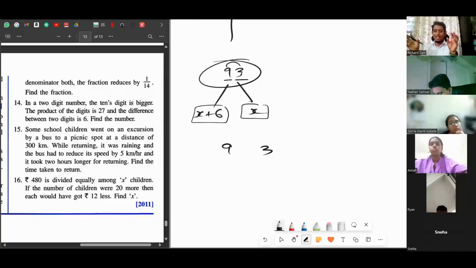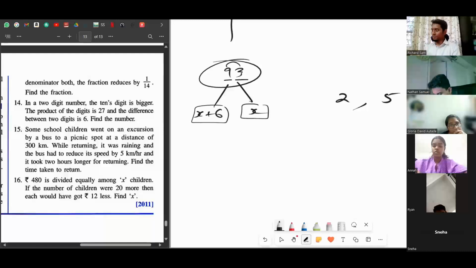What should you do with that 9 and 3 to make 93? Okay, let's not talk about 93. Let me give another example. Let's say 25. I want to make the number 25. So I'm giving you 2 and 5 separately. What should you do with the 2 and 5 to get 25? What mathematical operation do you have to do with the 2 and 5 to get 25?